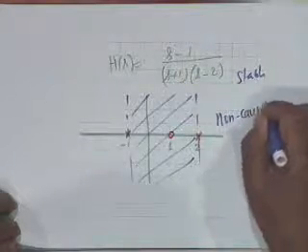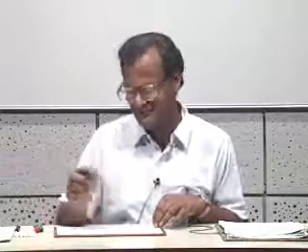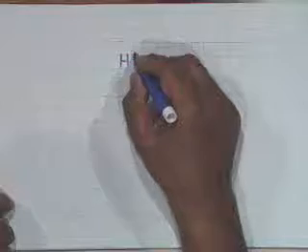We can definitely say the system is non-causal. Similarly, in the previous question we can say that it is causal. That's what I said, I demand that it is causal. Now it's up to you to prove it.